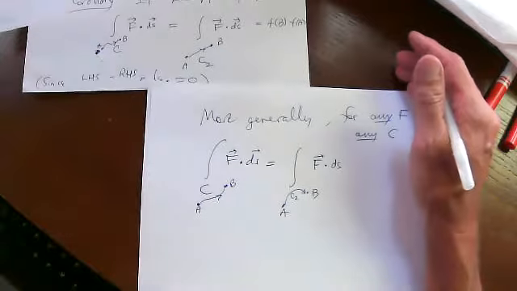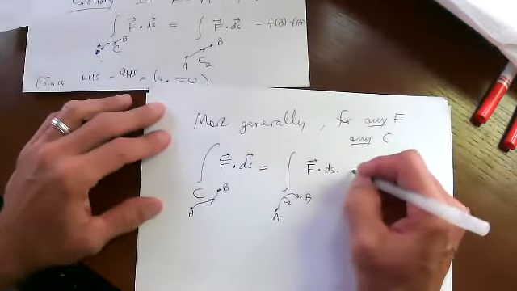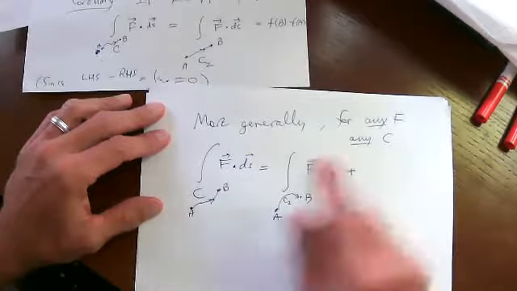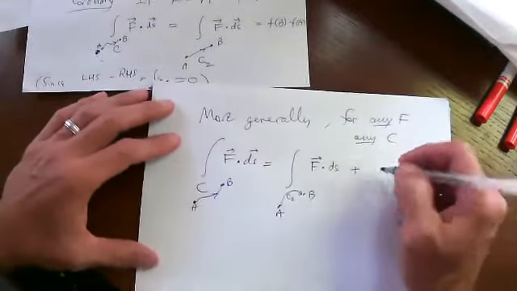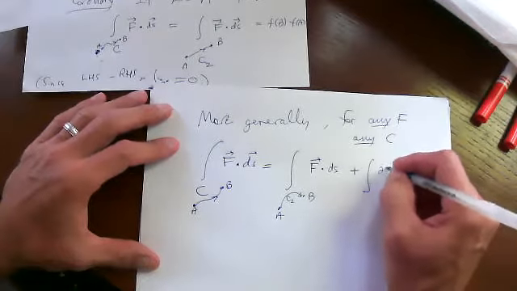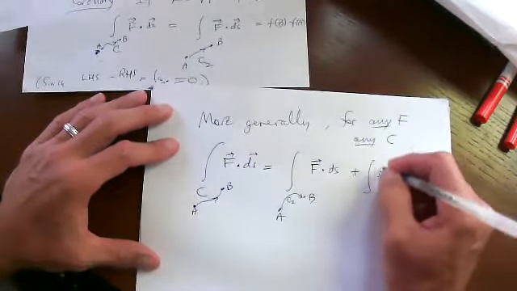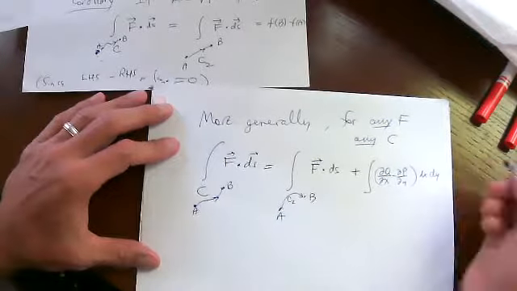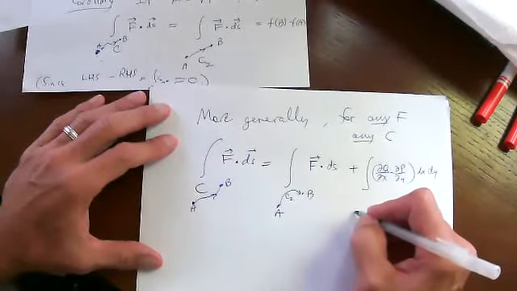However, you can go along a different path. You won't necessarily get the same integral, but what you will get will be two integrals, and I know how much they differ by. They're going to differ by the integral of this partial of Q with respect to x minus partial of P with respect to y, dx dy, integrated over the following region.